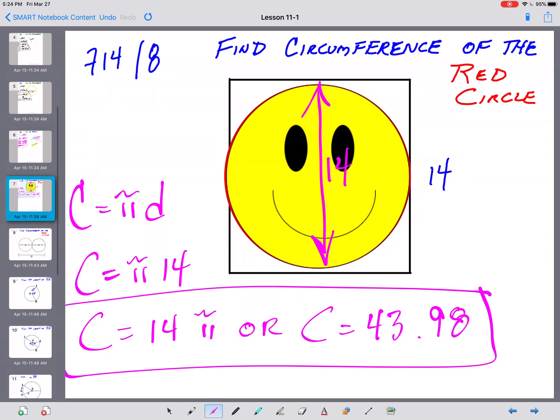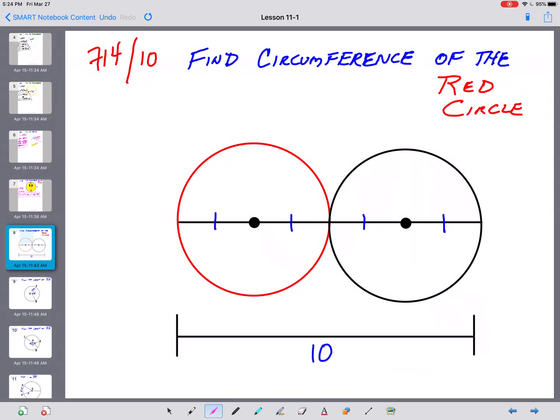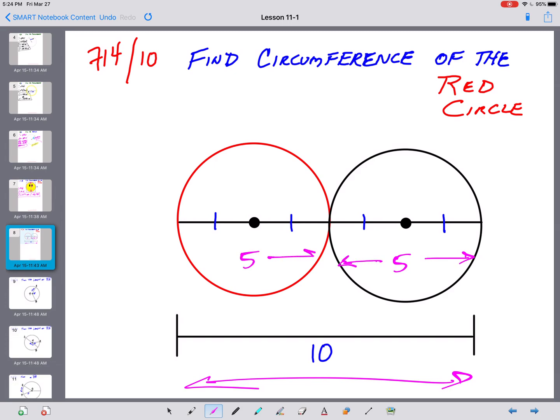Keep on rolling here. How about this? Find the circumference of the red circle. We know the whole distance down here is 10, so you've got 5 for the diameter here. Look at that, the two circles are the same. Let's use diameter. Diameter is 5.